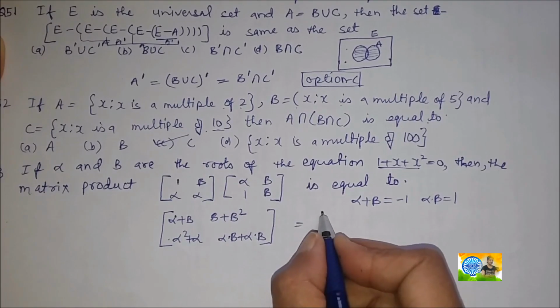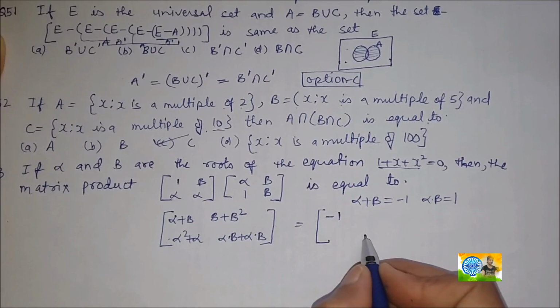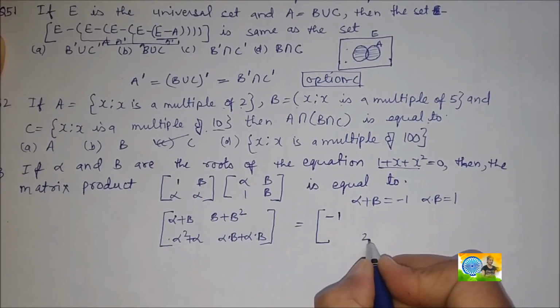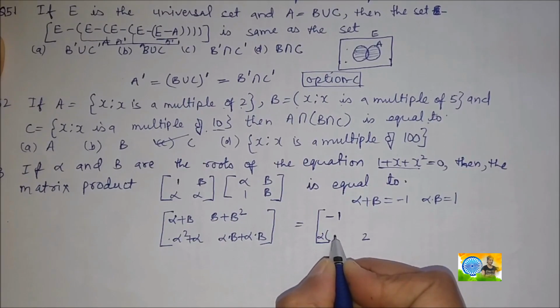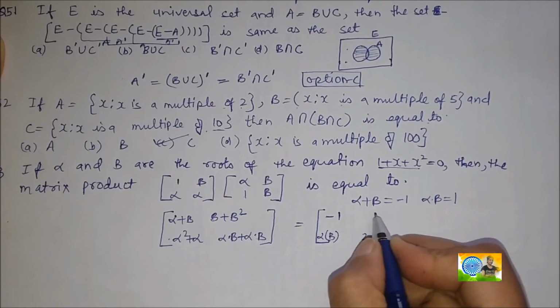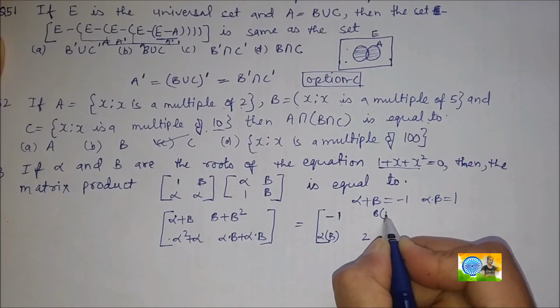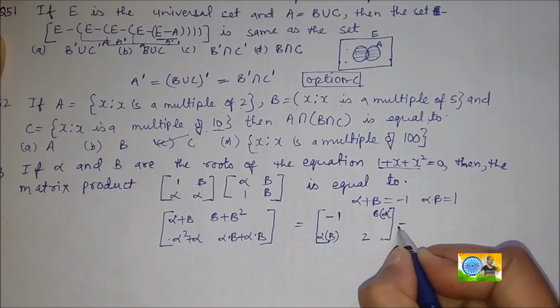Clearly, this element will be -1, and this element will be 1 + 1, which is 2. This will be alpha if I take alpha outside, alpha plus 1, and alpha plus 1 is the same as beta. Similarly, if I take beta outside, this will be beta plus 1, and beta plus 1 is also alpha. So alpha beta, and alpha beta is 1.